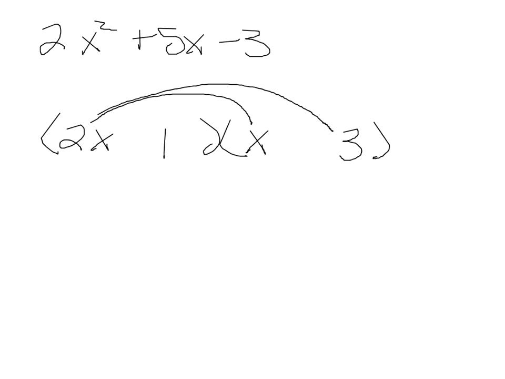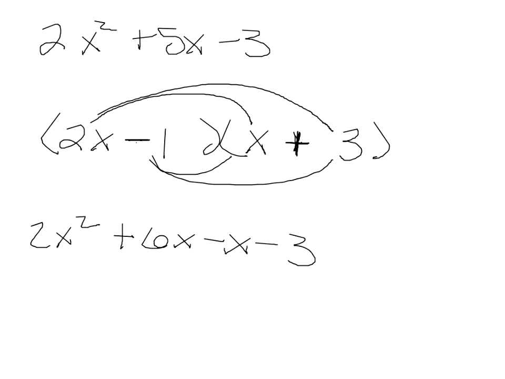So I'm going to get 2x squared, and that's going to give me 6x. That's going to be bigger, and I need the bigger to be positive, so plus. So this one has to be minus. And so that combines to give me the plus 5x that I was looking for. So this is the correct factorization.